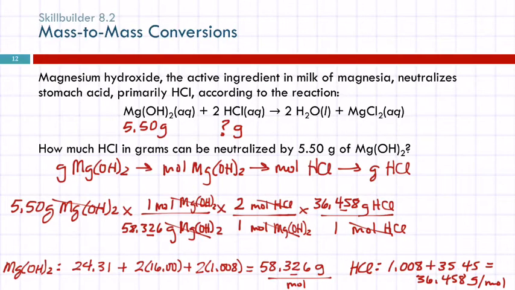So 5.5, you just go straight across. Times the top, divide by the bottom. I'm going to divide by 58.326. I'm going to multiply by 2, divide by 1 if you like, times 36.458 divided by 1. And I come up with 6.8758. And I realized, oh, I actually only need 3, so I could stop writing now.